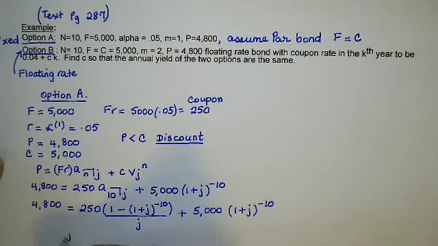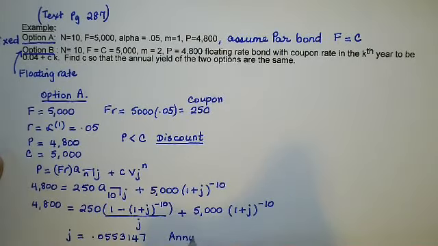That is 1 minus v to the n over J. Okay, that looks good. Stick that in your calculator and solve for J. J equals 0.0553147. That's the annual yield rate.